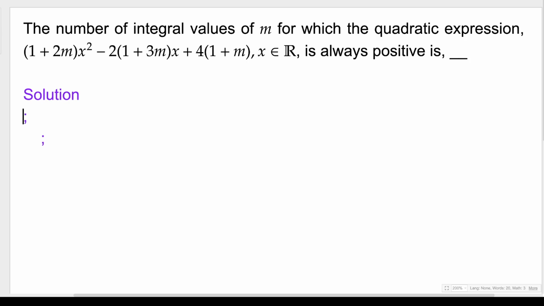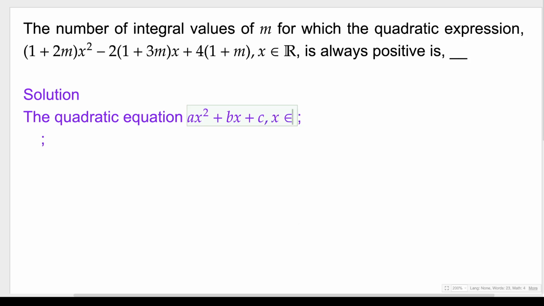Before I proceed, there is an existing idea which we already know, the quadratic expression. In general form it is ax² + bx + c, where x belongs to the set of real numbers.